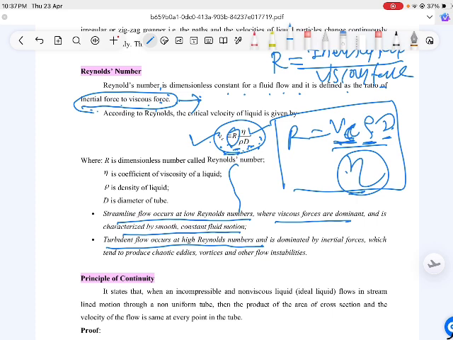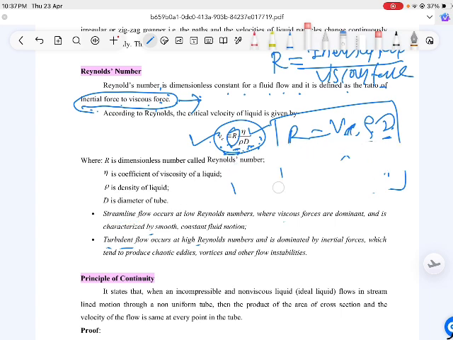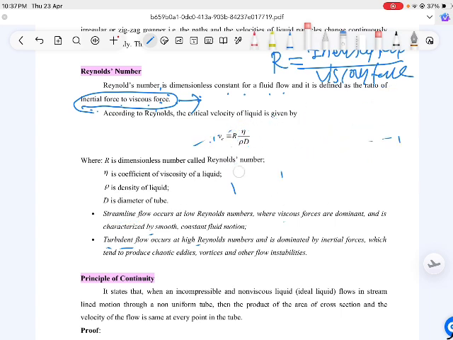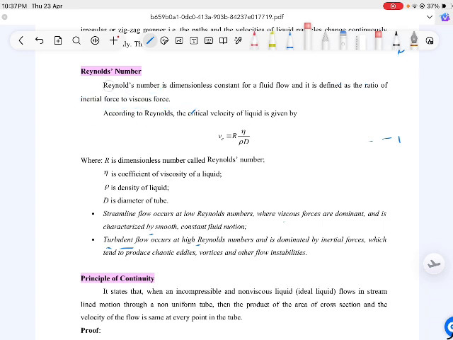So we can determine whether the flow is streamline or turbulent by using the value of the Reynolds number. So this is the concept of Reynolds number. Till now we have seen the different values of Reynolds number for streamline flow and turbulent flow. In the exam, the difference between streamline and turbulent flow may be asked. Okay.